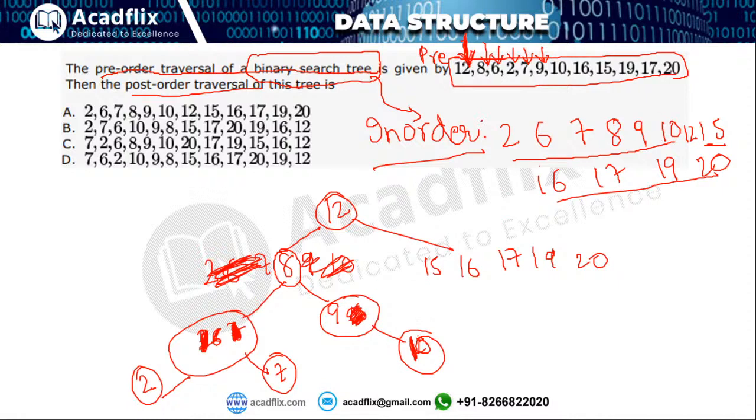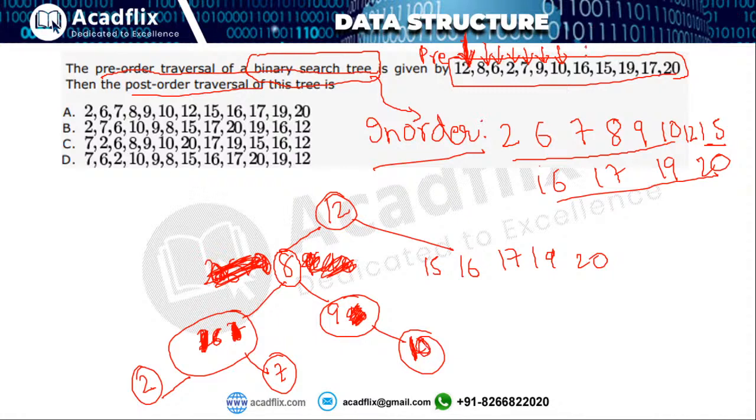As you can see, this is also following the binary search tree property, that all the elements in the left subtree should be less than this particular element. This property should be valid for each and every node. 10 is already processed because it is already a single node.